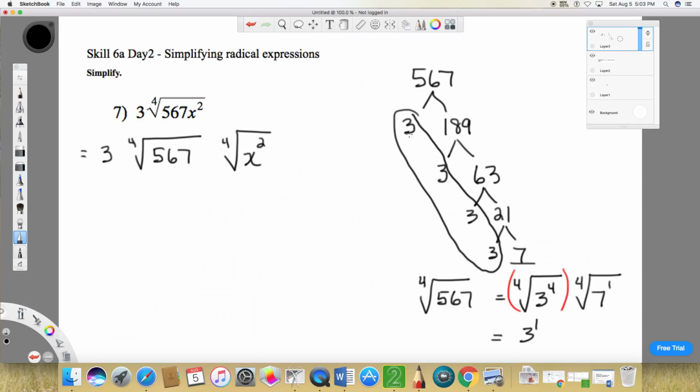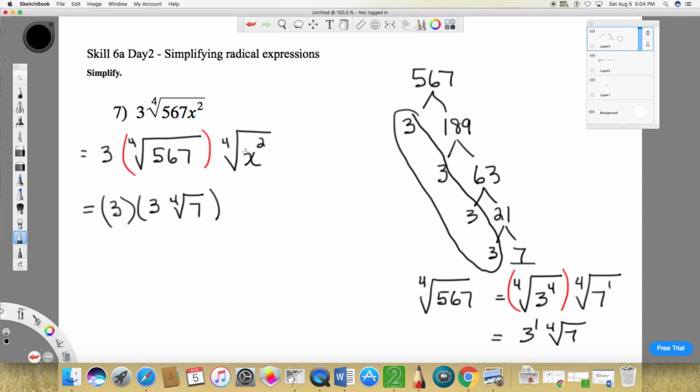I only have one group of 4 things, and over here I have the 4th root of 7. So I've got this 3, don't lose it, and now this factor we just showed over here in our scratch work is 3 times the 4th root of 7.